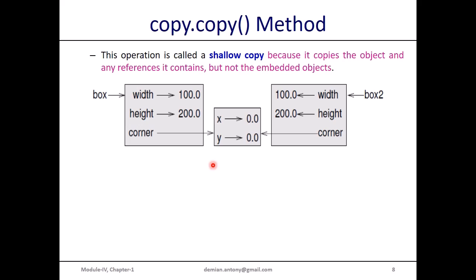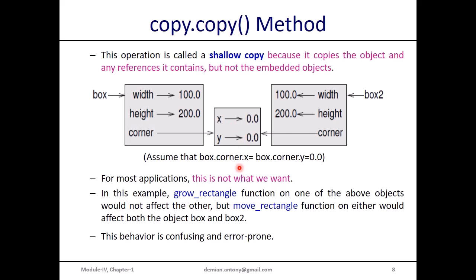The problem with this is, if you want to change the value of y for box, you don't want to change it for box2, you cannot do it, because you have only a single copy. Whatever changes you make to x and y, or to the corner, will change the corner of box2 also, because they share the same memory space.